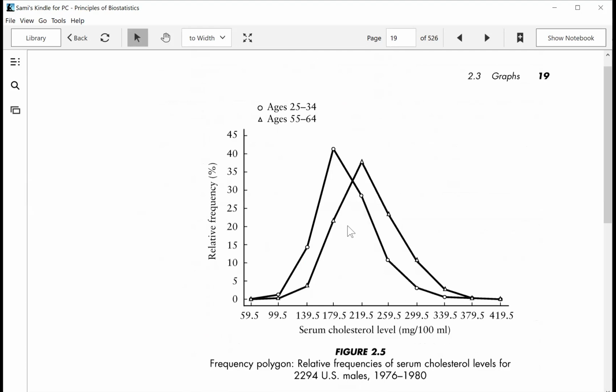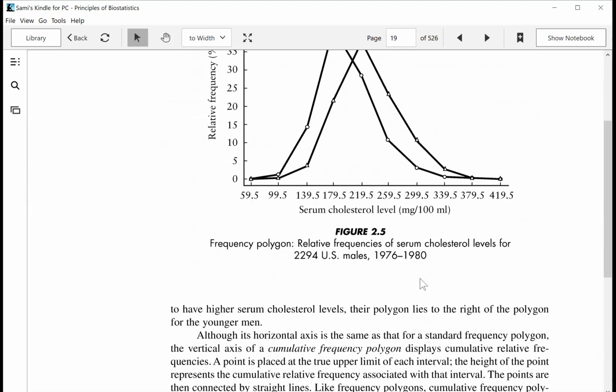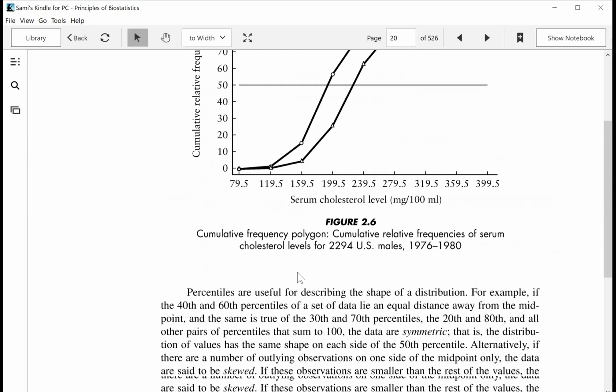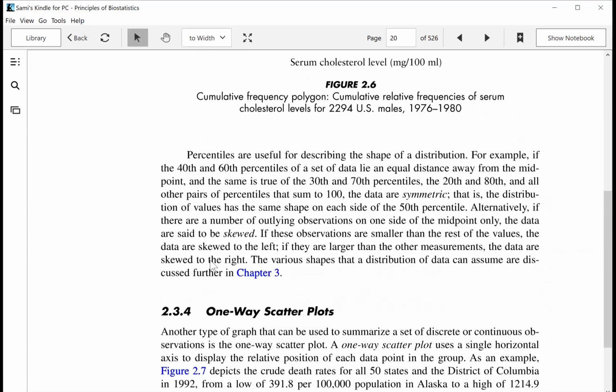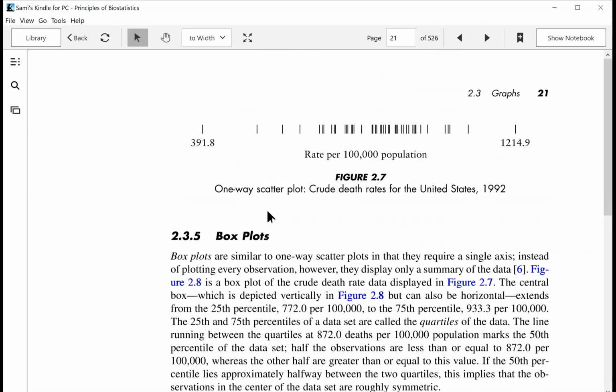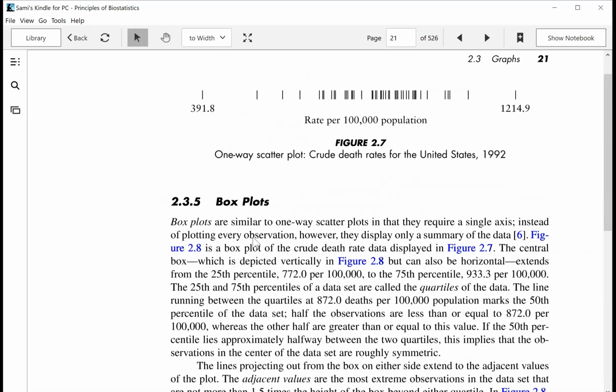Then the frequency polygon of relative frequency of serum cholesterol level. Here you've got the cumulative frequency polygon, and then one-way scatter plots. This is a one-way scatter plot of crude death rates for the US in 1992.